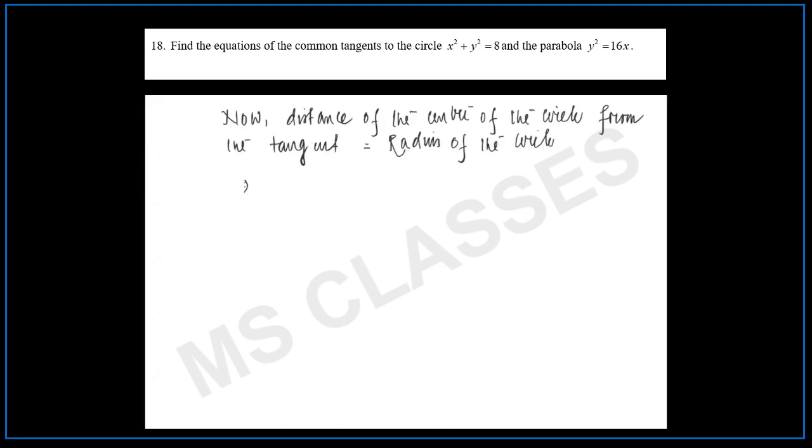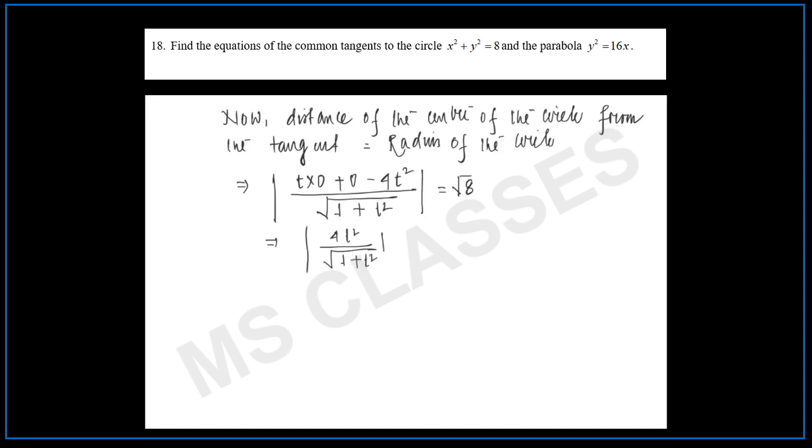So the distance from which line? It is ty minus x plus 4t square equal to 0. So it is t into 0 plus 0 minus 4t square by root over of 1 plus t square equal to root over of 8. Now from this we can say, 4t square by root over of 1 plus t square, mod of this, equal to root 8.